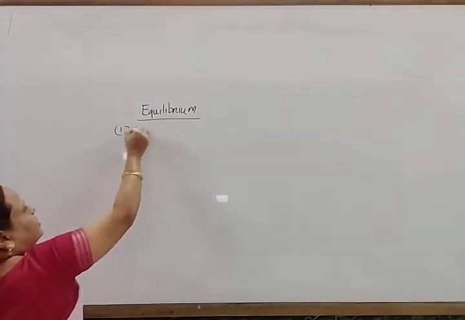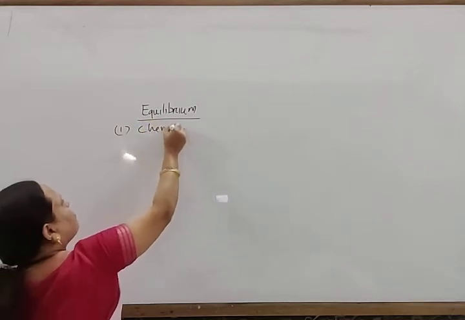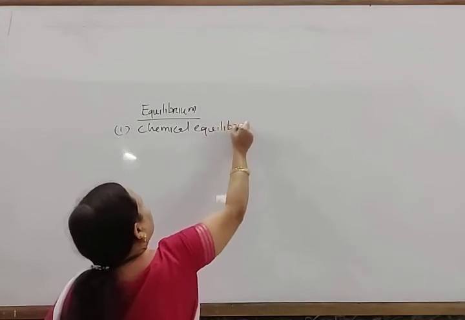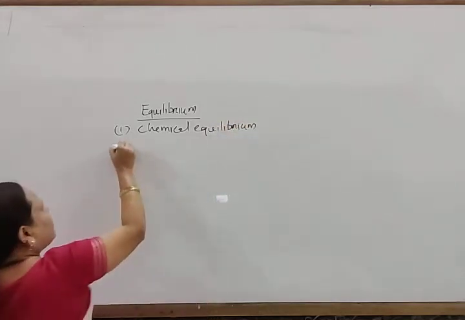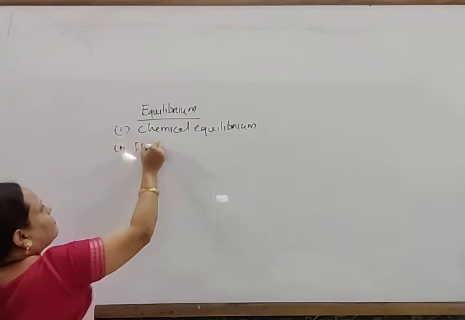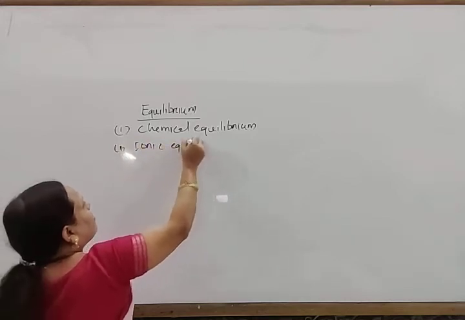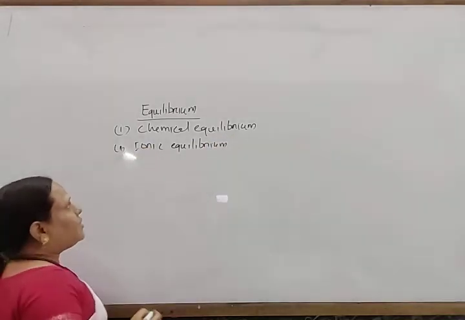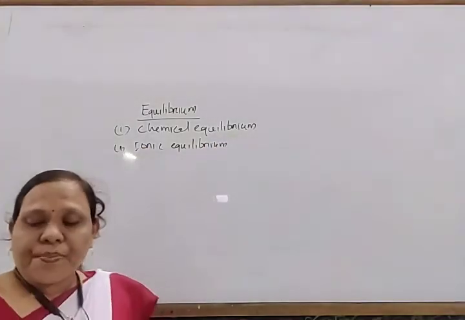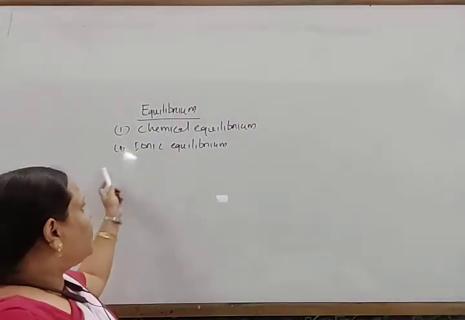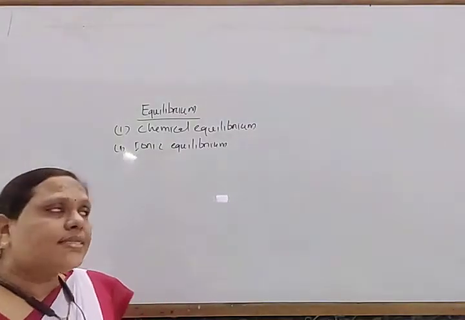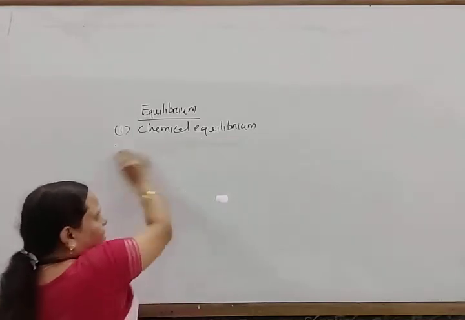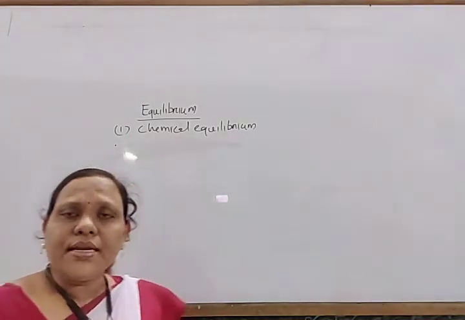One is chemical equilibrium and another is ionic equilibrium. First we start with chemical equilibrium, after that we will go through ionic equilibrium. So what is chemical equilibrium? When equilibrium is established in a chemical reaction, that is known as chemical equilibrium.